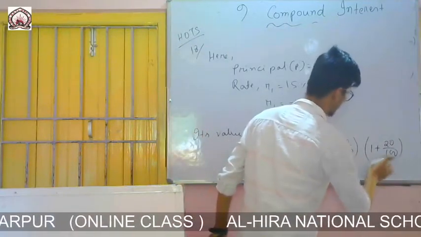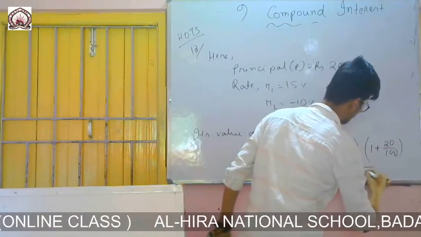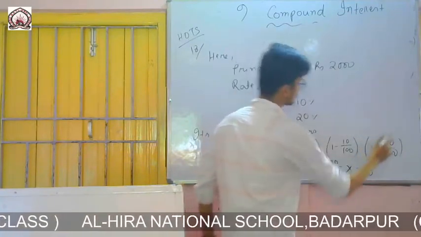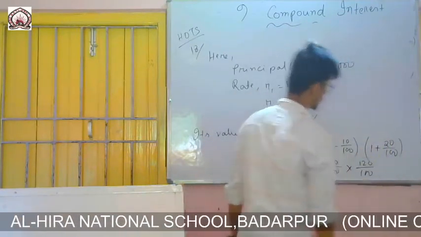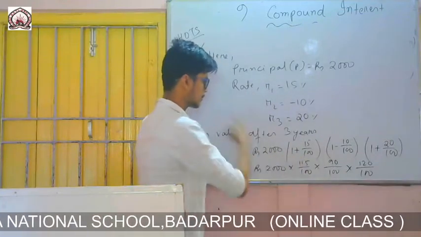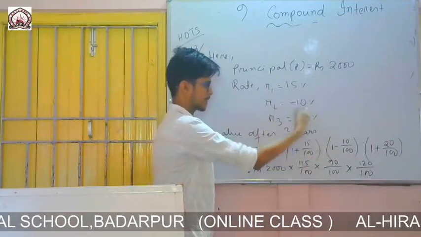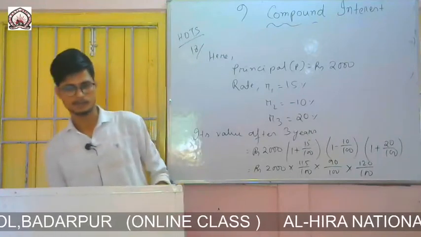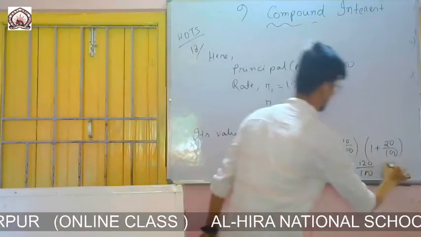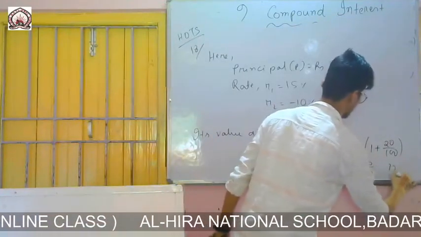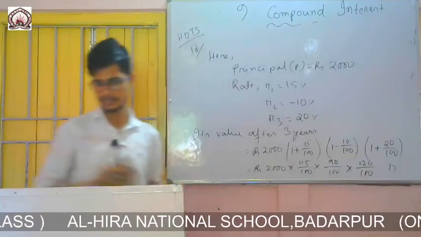And the third one, again I am taking LCM 100, and 100 plus 20, it is 120. So 3 cases you got. Now you solve this part, you will get the answer. So this part is homework for you. You solve the later part, you will get the answer.